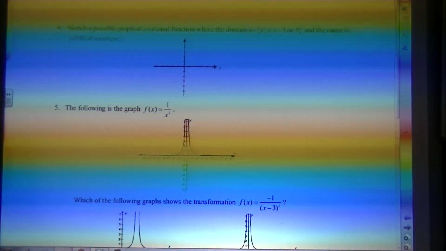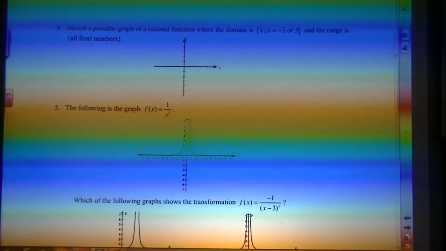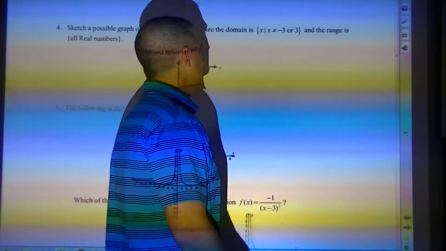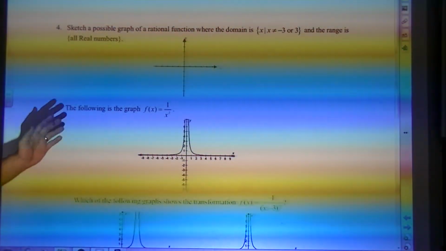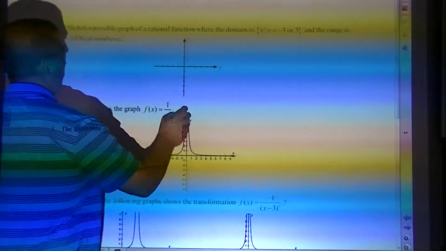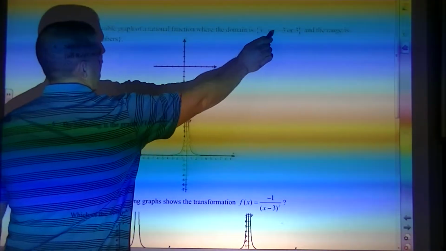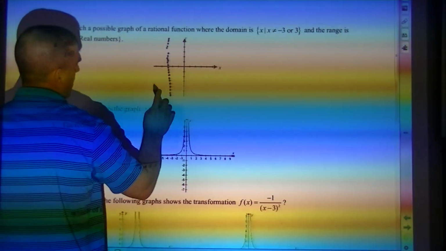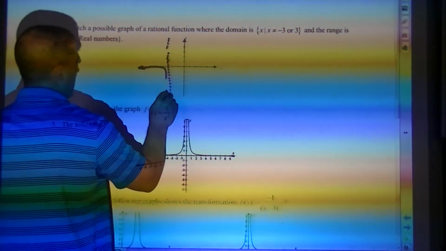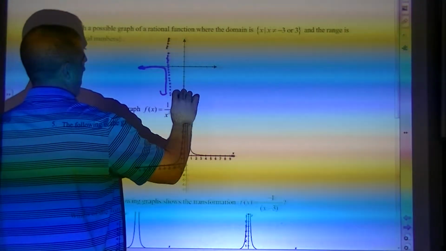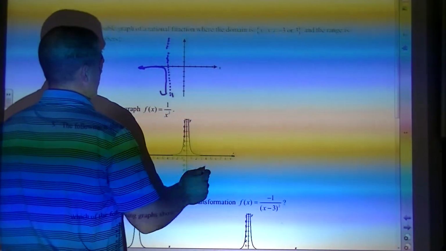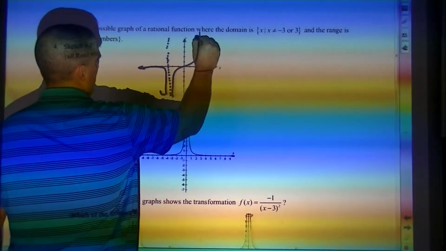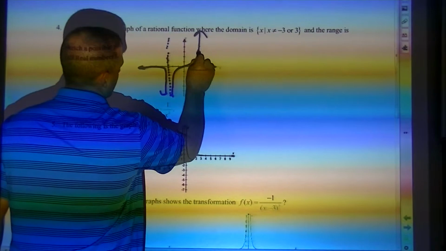Sketch a possible graph of a rational where the domain can't be 3 or -3 and the range is all real numbers. This is going to be a multiple choice based question, but one concept: if it's not at -3, you could have something that looks like this, and you could have a curve like this with a hole at 3.